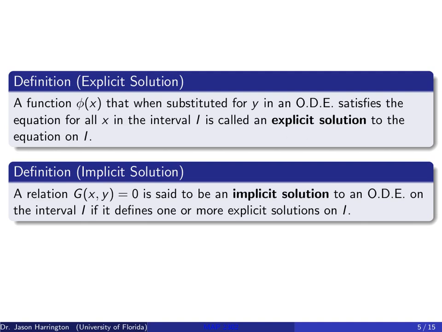The difference is that explicit means we can solve for a function, for example, phi of x is equal to x squared plus x minus 2. That's a nice little function.